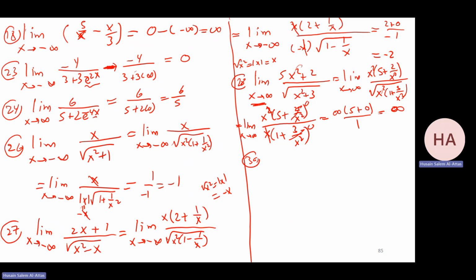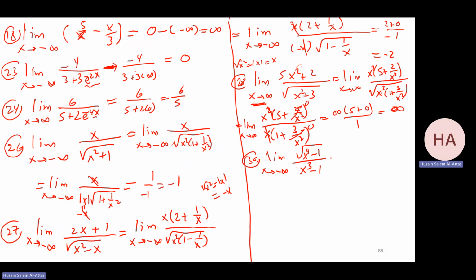If it goes to infinity or minus infinity, you need to check the sign. 30. Limit x goes to minus infinity of the square root of x to the power 4 minus 1, over x cubed minus 1. I can argue this goes to 0, and you can check it.